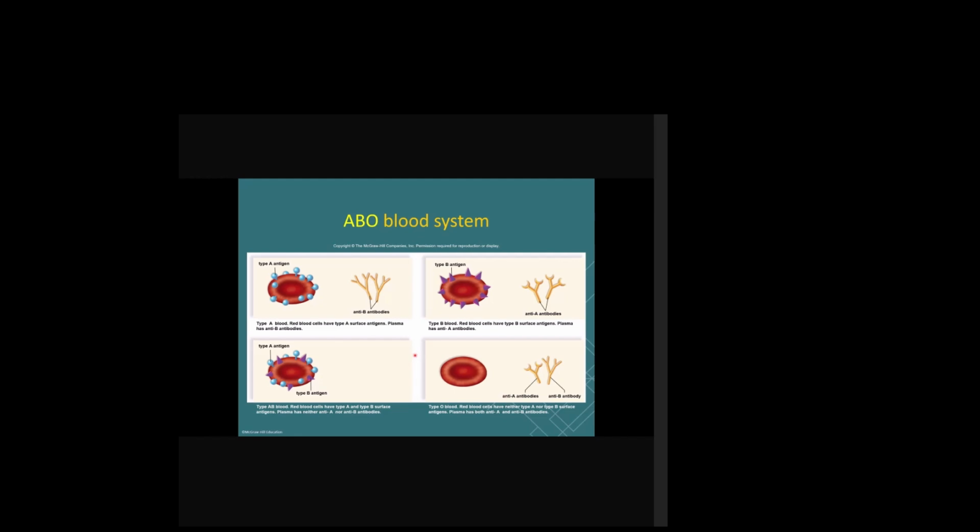O and A? So the question is, can A give their blood to this? Okay, let's go from here. Can somebody that is blood type A give their blood to somebody that is blood type B? Can this person give his blood to this person?